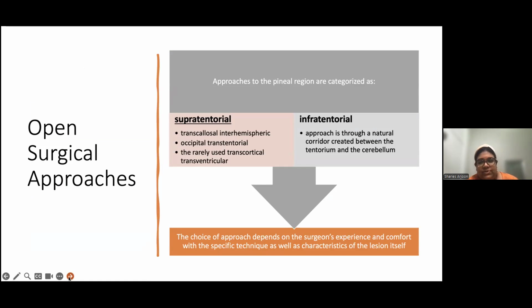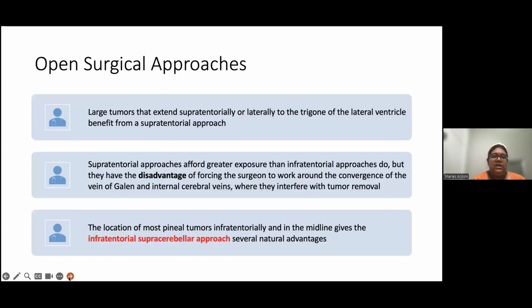The infratentorial approach is through a natural corridor created between the tentorium and the cerebellum. So the choice of approach again depends on the surgeon's experience and comfort with the specific technique, as well as characteristics of the lesion itself. Large tumors that extend supratentorially or laterally to the trigone of the lateral ventricle benefit from supratentorial approaches.